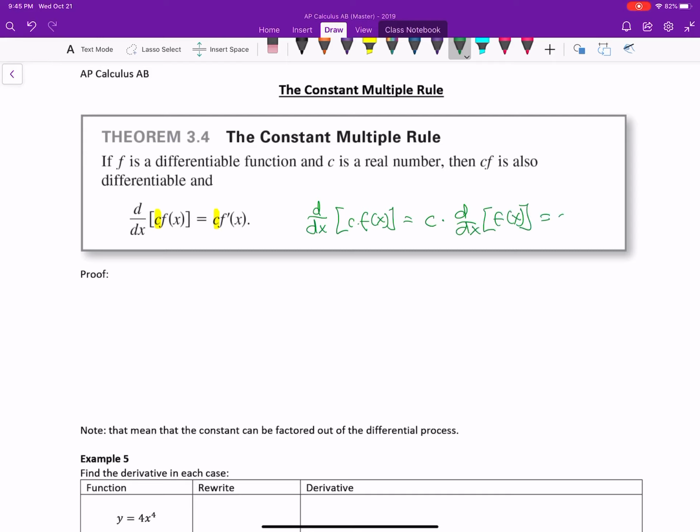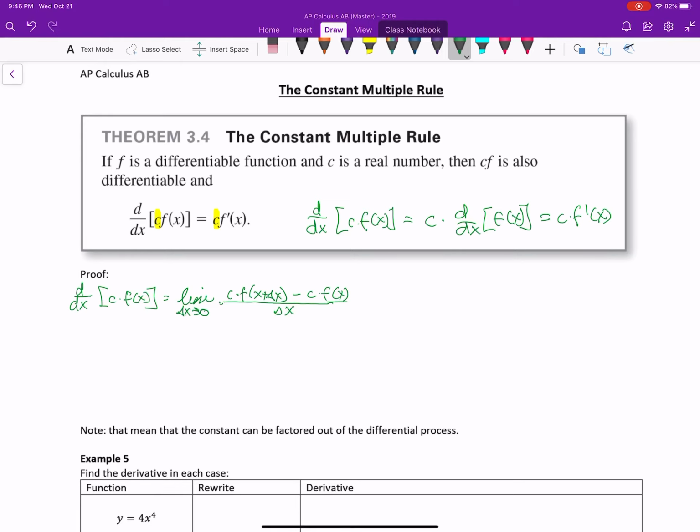We take the derivative with respect to x of c times f of x, and we're going to use the limit definition for that. So the limit as delta x approaches 0, and I'm using delta x just to switch it up, no particular reason other than that. Then we have c times f of x plus delta x minus c times f of x, over delta x.